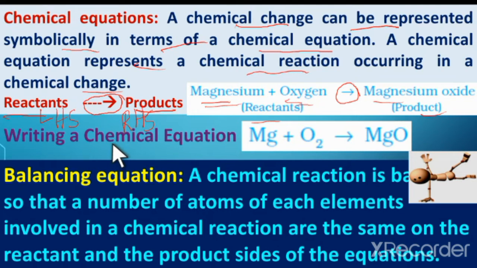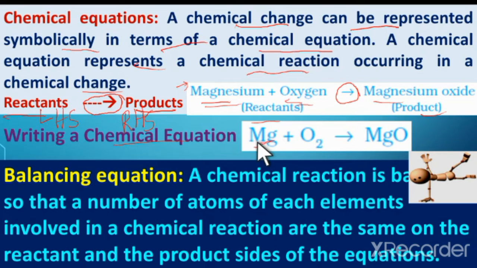Writing a chemical equation. When we write the chemical change with respect to the symbols and formulas of the different elements involved in a chemical change, that is simply known as writing a chemical equation. If you see the above chemical reaction, magnesium reacts with oxygen gas to form magnesium oxide.